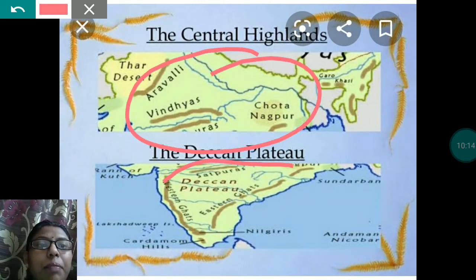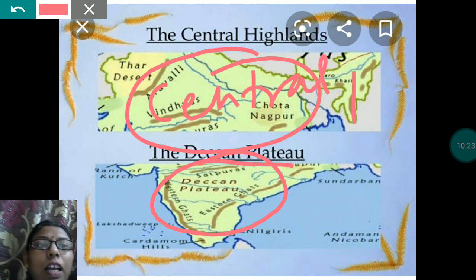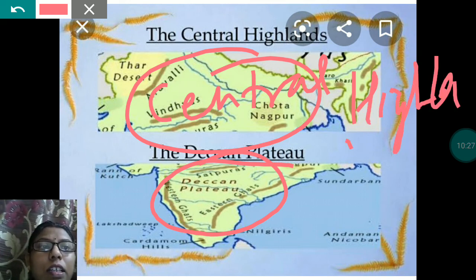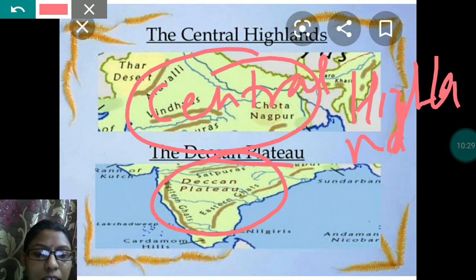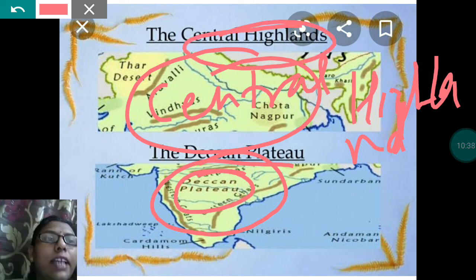This part is known as the Central Highland, and downside it is called the Deccan Plateau. Here it's written also.